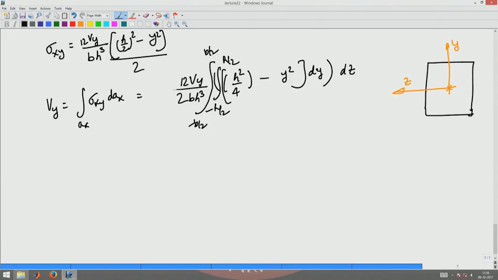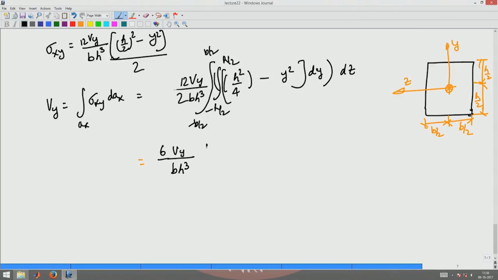Okay. So, this is a rectangular cross section with CG here, wherein this distance is h by 2 and this distance is h by 2 and this width is b by 2 each.